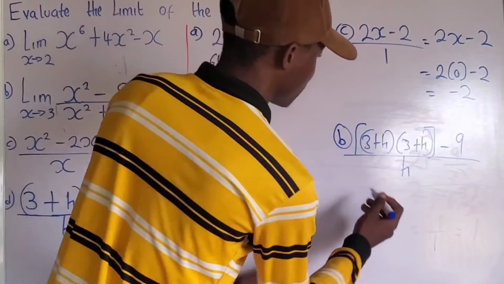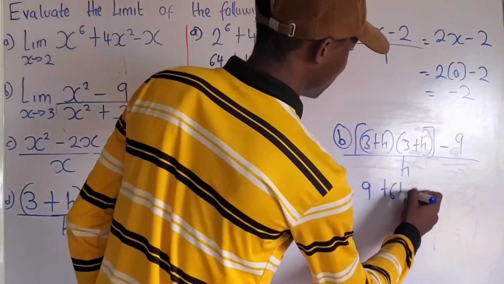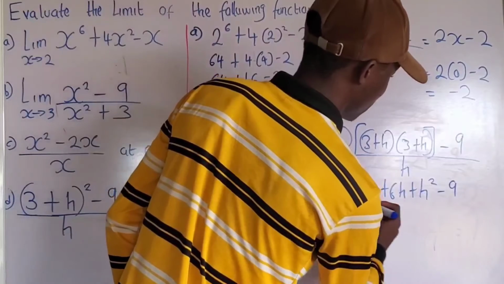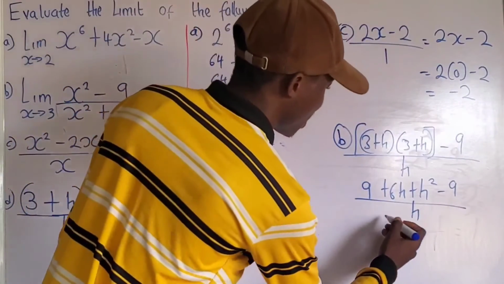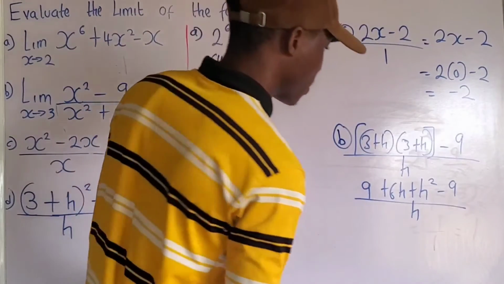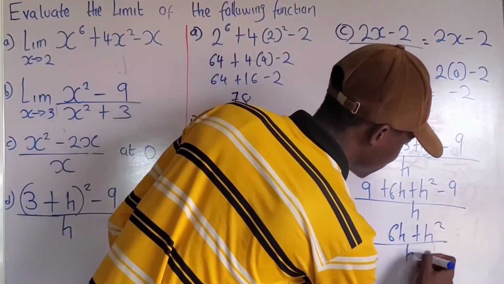So for this, I'm going to have 3 times 3 is 9, 9 plus 6h plus h squared minus 9 all over h. Okay? You can still simplify further. Now this negative 9 here, we eliminate the positive 9. So for this, I'm going to have 6h plus h squared all over h.